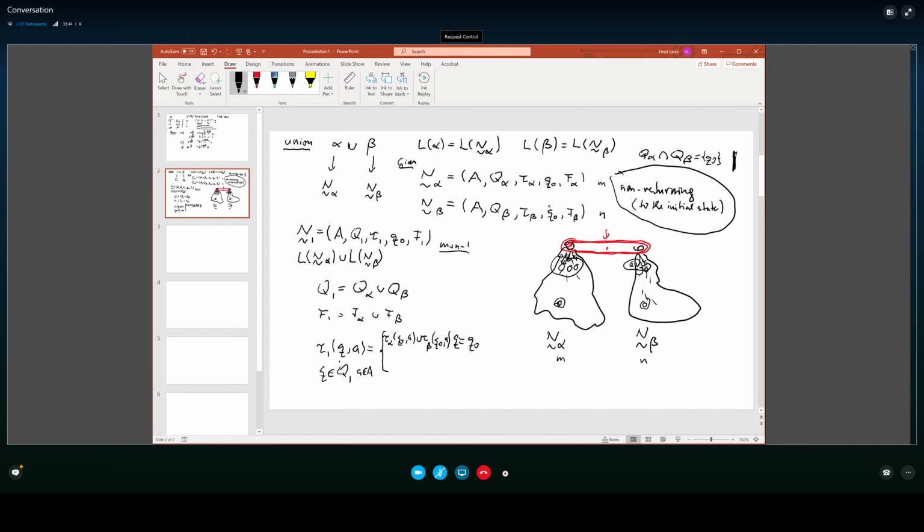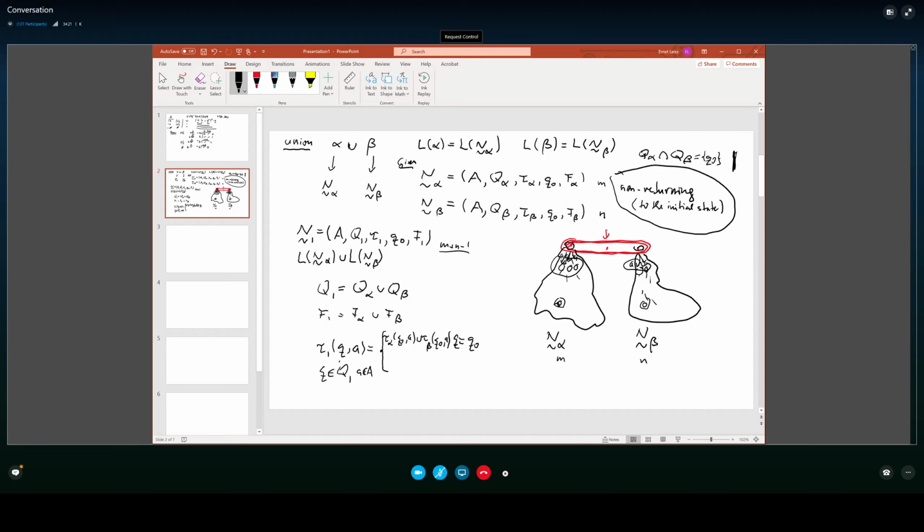So this is tau sub alpha of Q sub 0 and A. This Q sub 0 is obviously the old initial state of N sub alpha, and we do it under A. And then we do the same thing for the initial state of the second automaton N sub beta, which of course is given by tau sub beta of Q sub 0 and A. And that is if Q is Q sub 0. That's the only time when something interesting is happening.